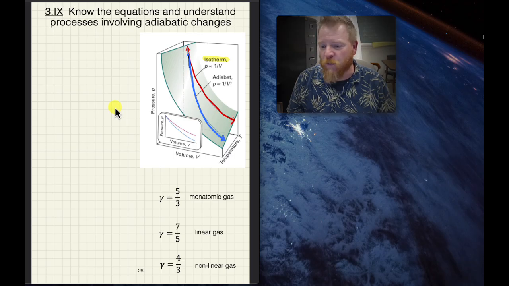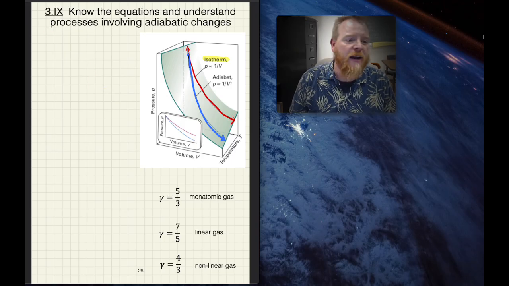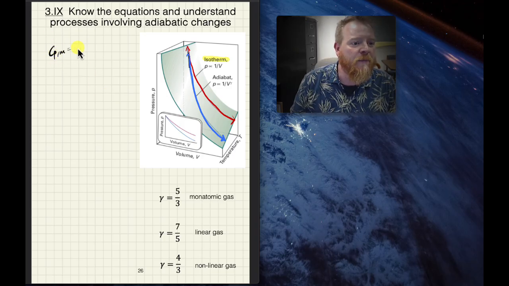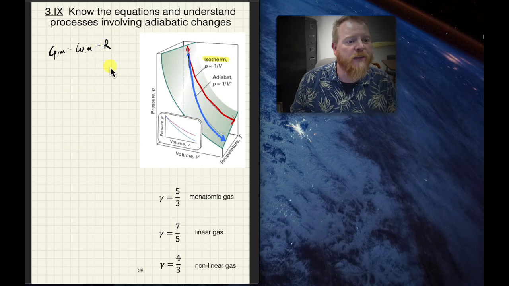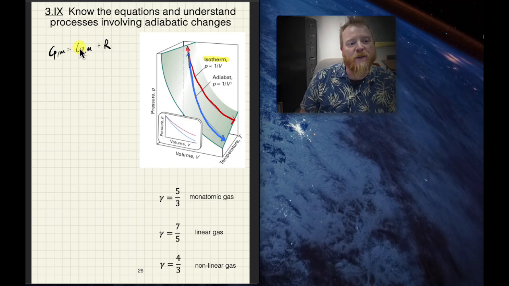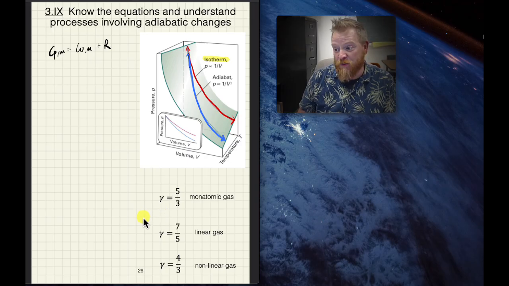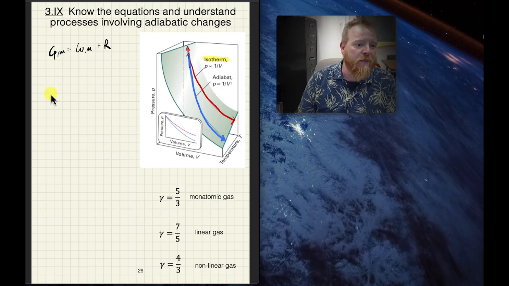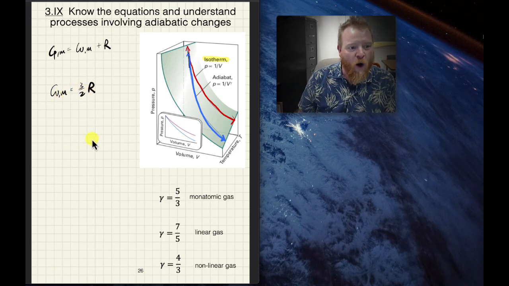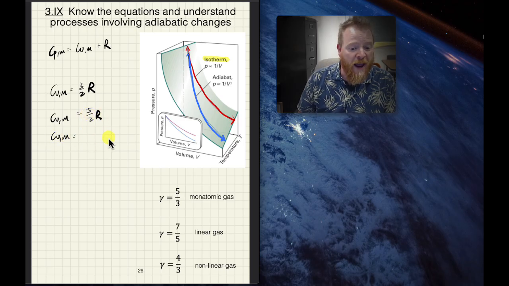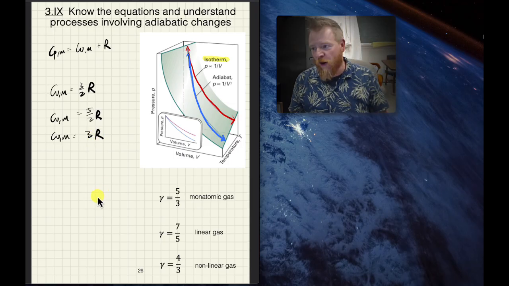And as it turns out, we can find what these powers are by just looking at the simple relationship, recognizing that CPM equals CVM plus R. And if we recall what CVM is for our various gases, we can get to these relationships. Okay. So for example, CVM for a monatomic gas was 3/2 R. And CVM for a linear gas was 5/2 R, and CVM for a nonlinear gas was 3R.